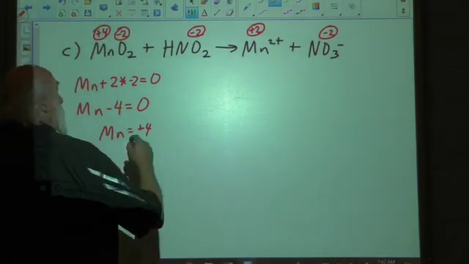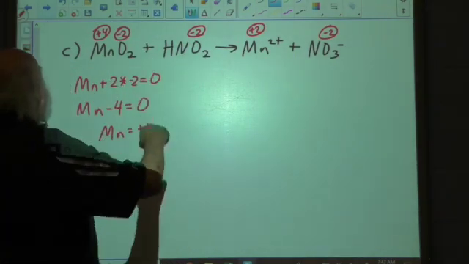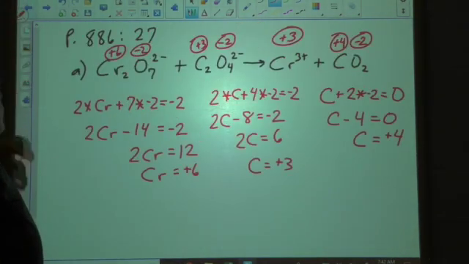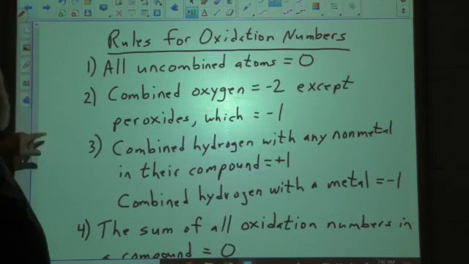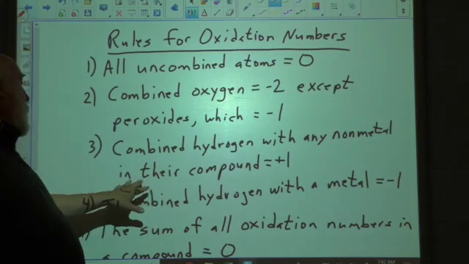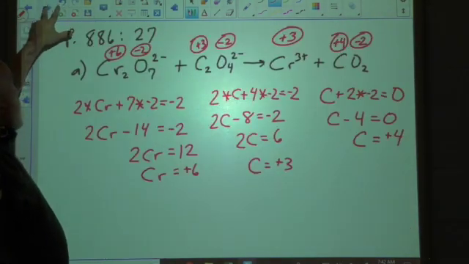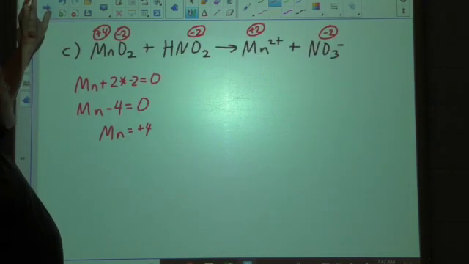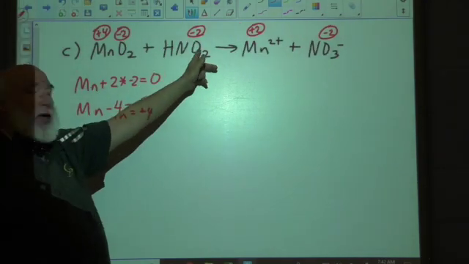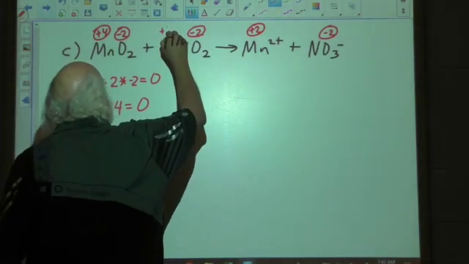Over here, now we have 3 elements. Imagine the fun. Oh, but wait, we got hydrogen in there. So let's go back to what it says about hydrogen here. It says combine hydrogen with any nonmetal in a compound equals +1. So, is there a nonmetal here? Yeah, oxygen's a nonmetal, so that automatically gives hydrogen a +1.